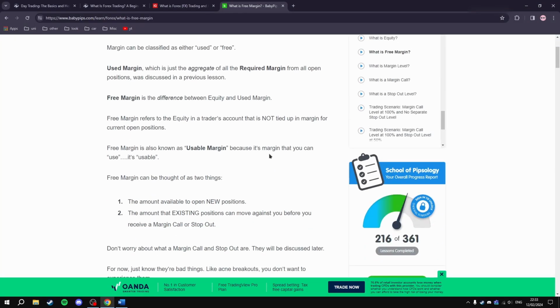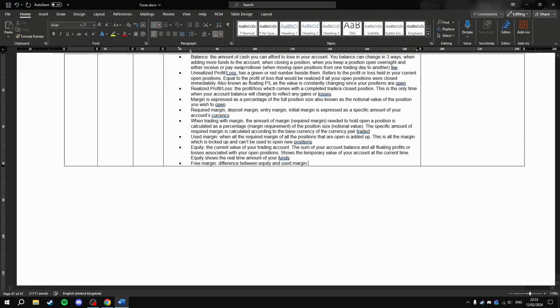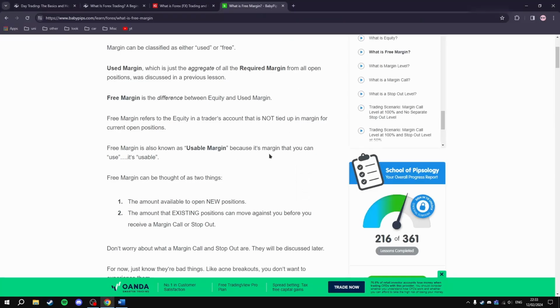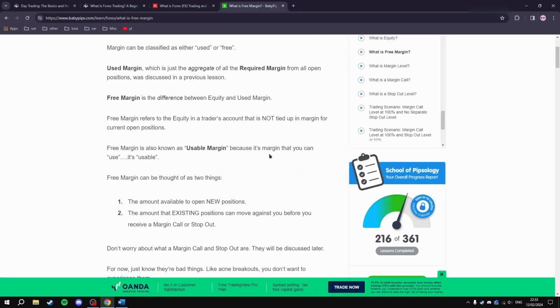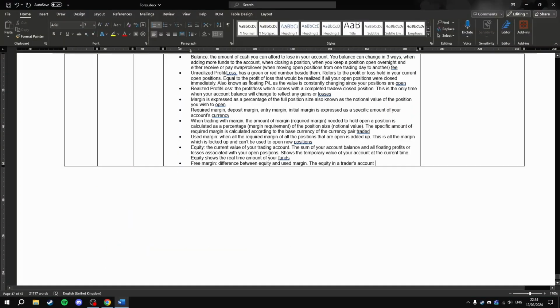Free margin refers to the equity in a trader's account that is not tied up in margin or current open positions.